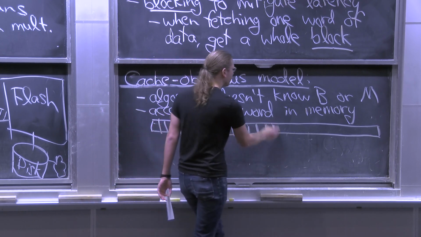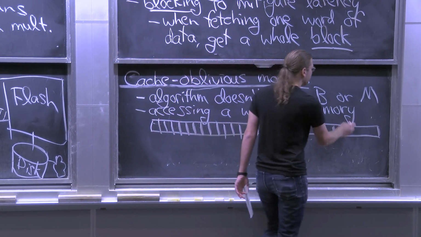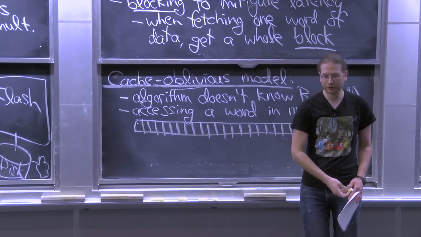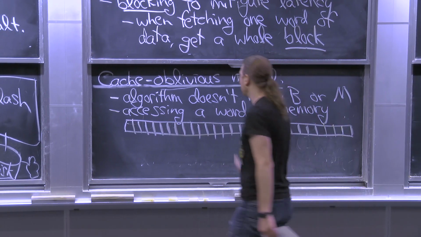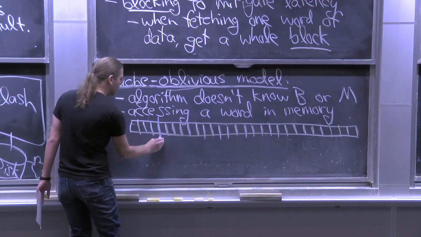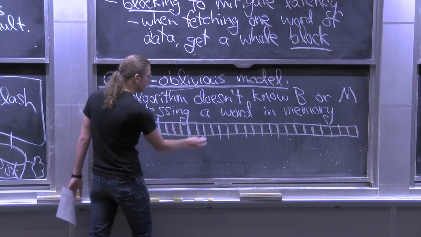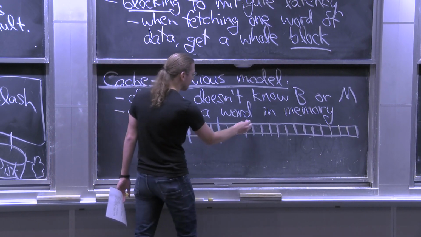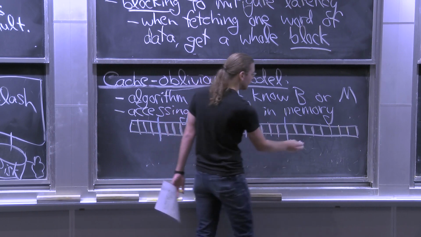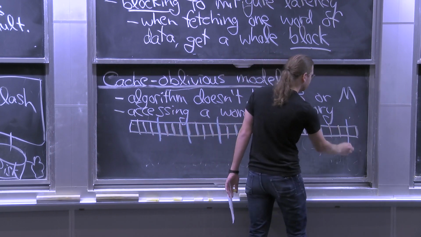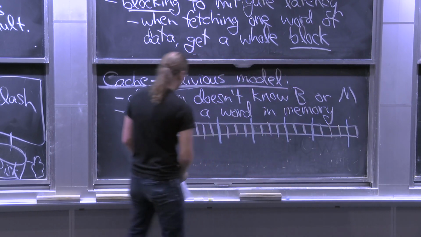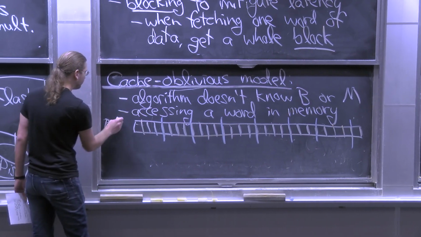Each of these squares is one word. But then also, the memory is now divided into blocks. So let's say B equals 4. Every 4 words is a block boundary, just for the sake of drawing a figure.